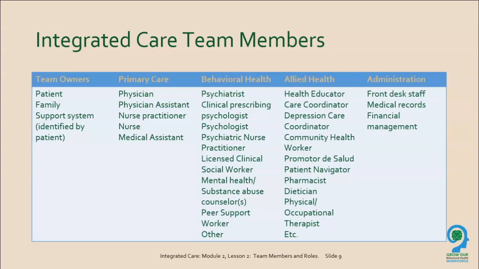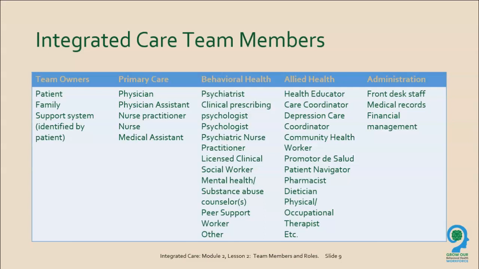Here are some of the typical integrated care team members. The team owners are always the patient first, followed by family and caregivers and other support systems as identified by the patient. But the patient is always at the middle, the center of the team.